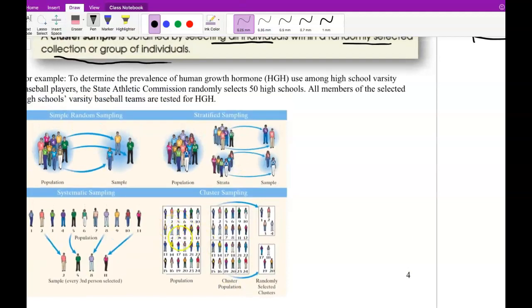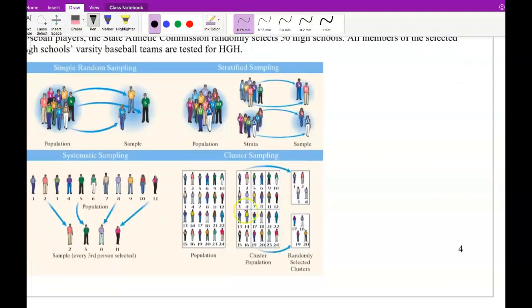The difference between these two is that I already have all the individuals that I had in the population. The only difference is that here I have these 4 in one group, then these 4 in one group, and in total I have 6 groups.